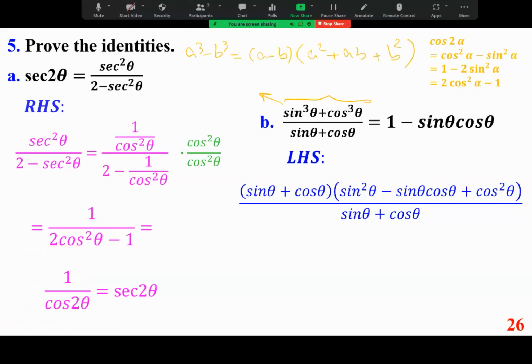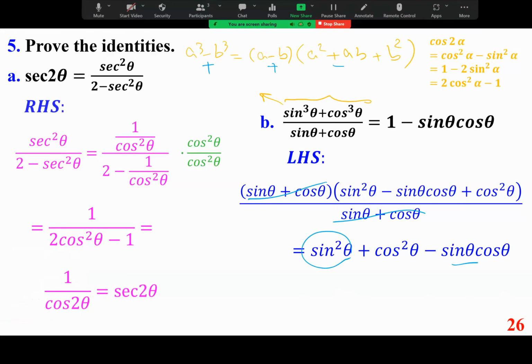If we had a cubed plus b cubed, here would be plus, here minus, okay? So that's how we get to what we see here. Now we can drop these two and write the rest of it. As you can see, these two add up to 1. And that's the proof.